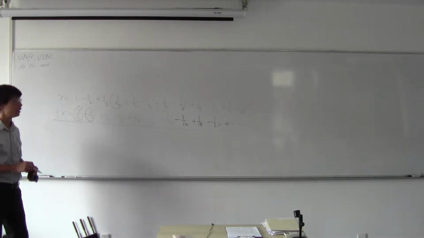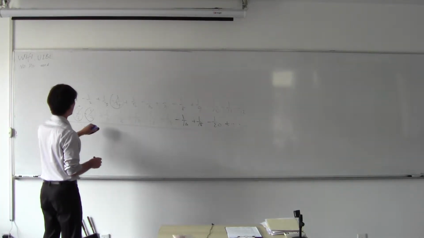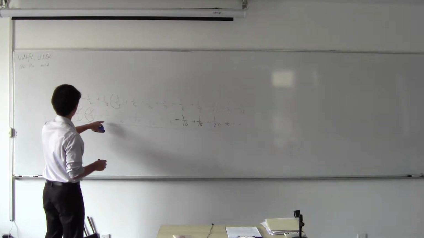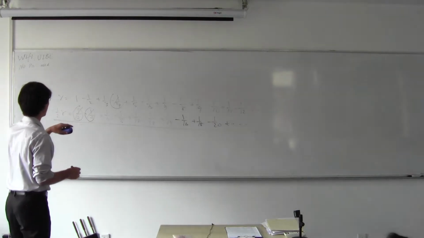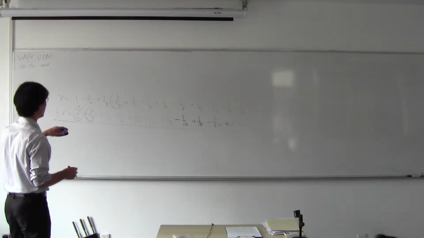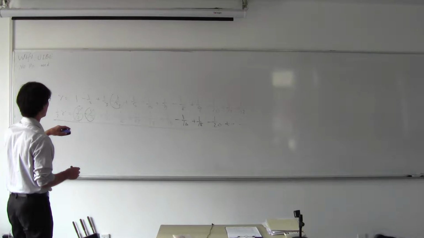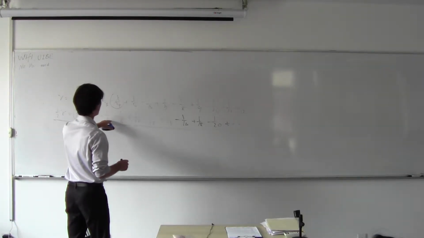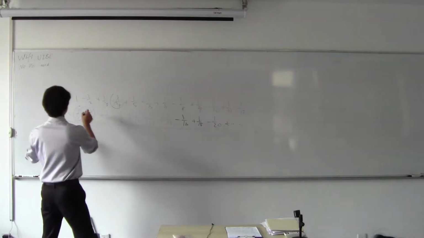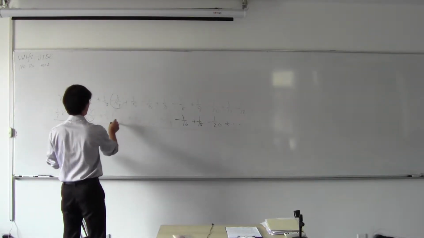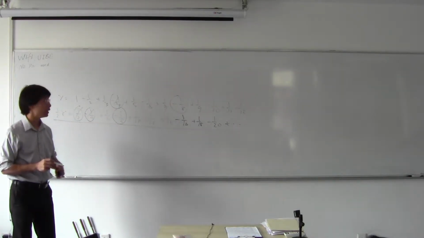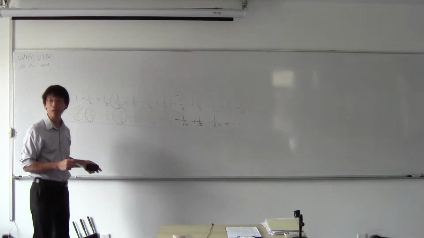Then I've got plus a third next, minus the fourth. Now I've got this minus an eighth, and this minus an eighth, so those two together become minus a fourth.